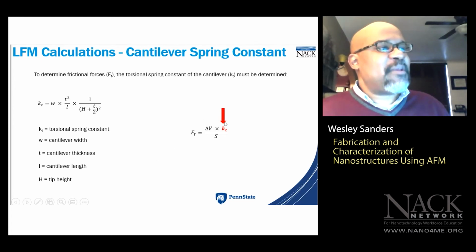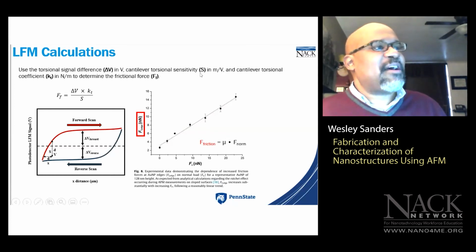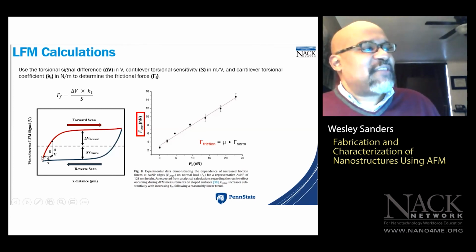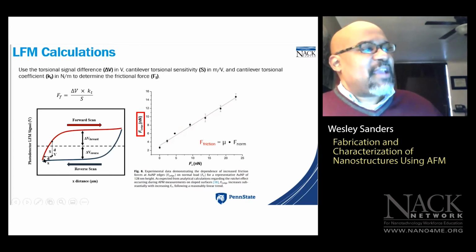So once you've determined your torsional spring constant, to determine your frictional forces between the tip and the sample, you can determine your photodetector sensitivity and the friction loop signal. And these three data points will give you your frictional force value. So really quickly, to find your torsional photodetector sensitivity, you just consider how much the photodetector signal, the friction signal, goes up every micron the tip is moved.